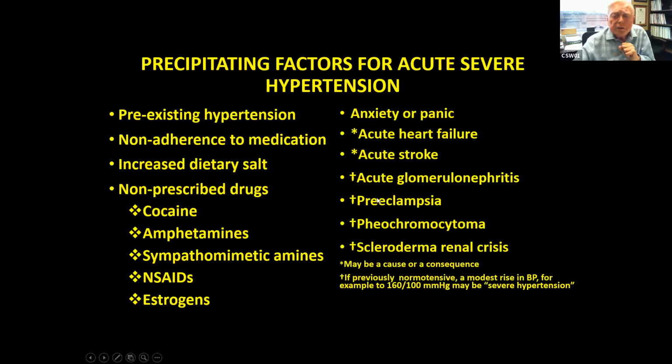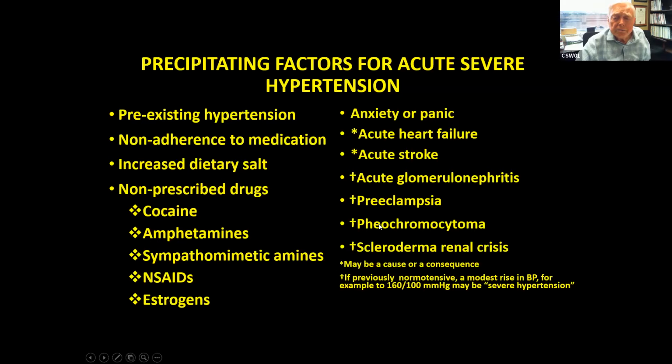And then there are 4 conditions that are important because they are conditions in which the blood pressure can go up, but the patient is not previously hypertensive or very hypertensive. Acute glomerulonephritis, occasionally, preeclampsia, for sure, pheochromocytoma, or scleroderma renal crisis. And these are important because the patient will not have accommodated to the high blood pressure.